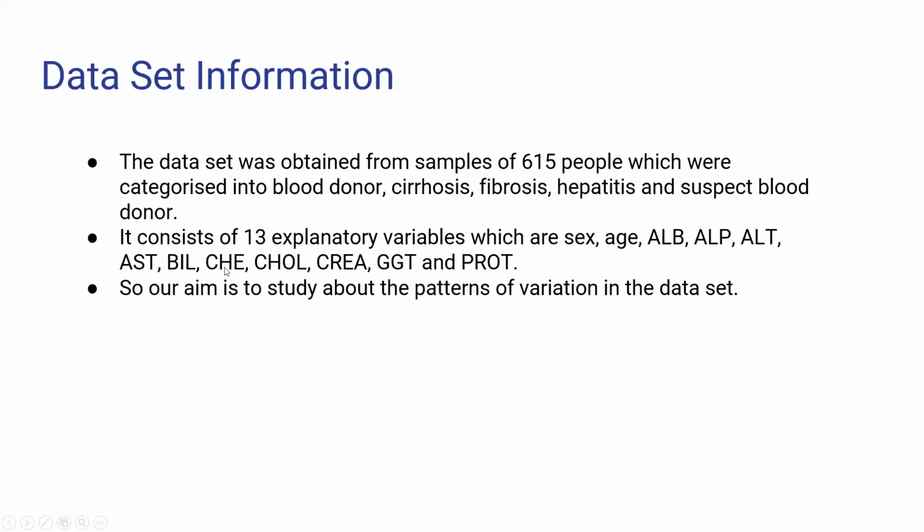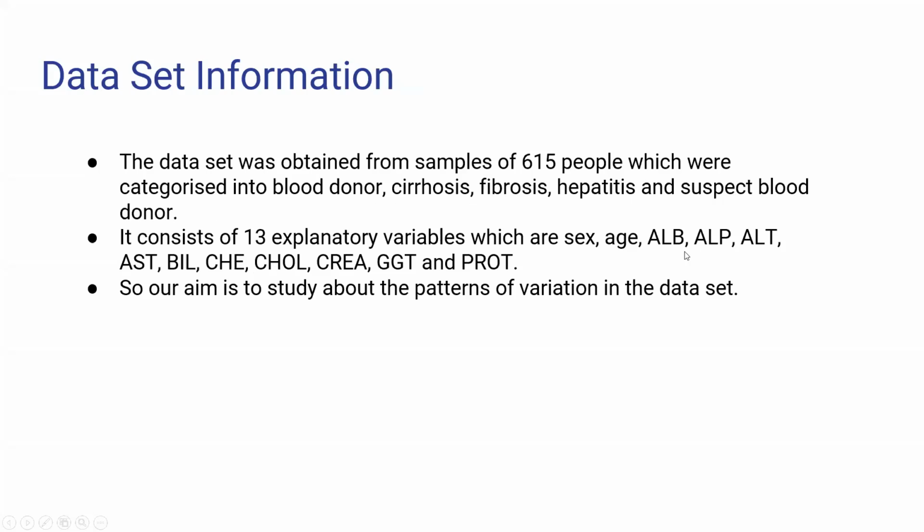All right, now moving on to the data set information. The data set was obtained from samples of 615 people, which were categorized into blood donor, cirrhosis, fibrosis, hepatitis, and suspect blood donor.